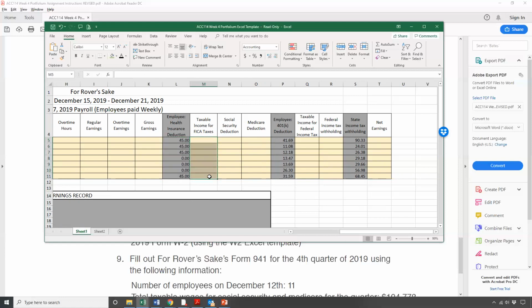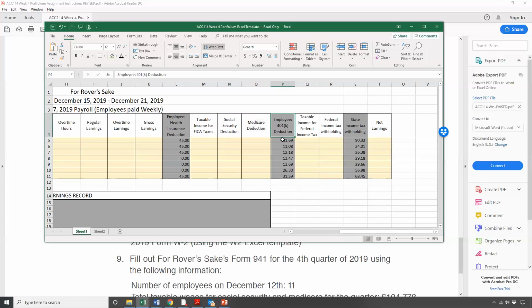That health insurance premium is going to be a pre-tax deduction for FICA, for Social Security, and federal income tax withholding. So those come out first. Then off of your taxable income, we're going to calculate Social Security and Medicare deductions. We're going to go through an example like this. I'm just showing you what your template's going to look like, and then we'll walk through an example.